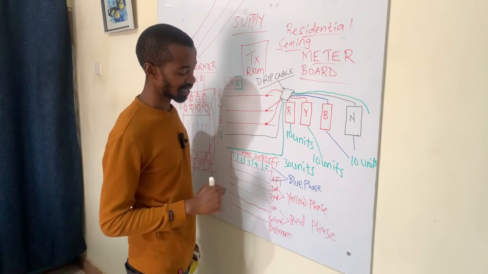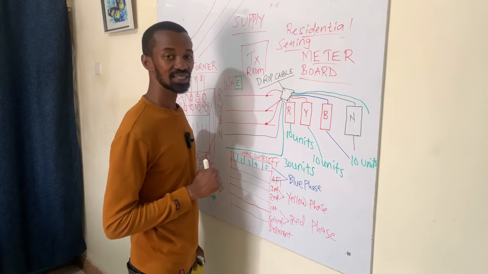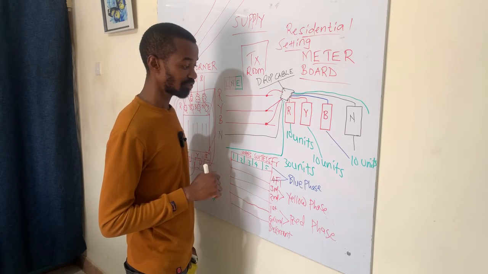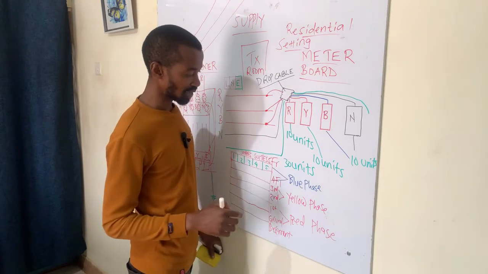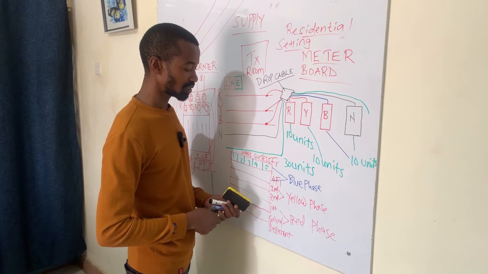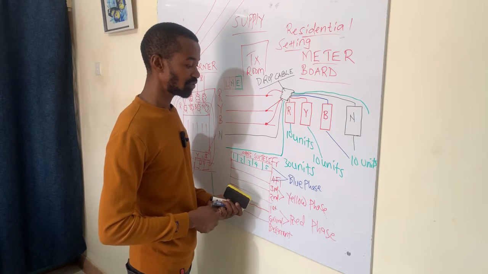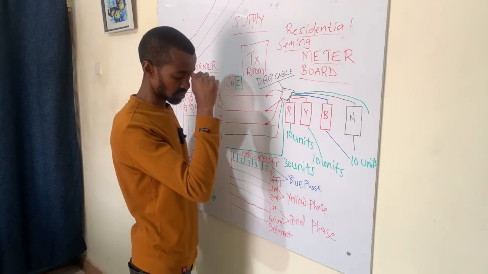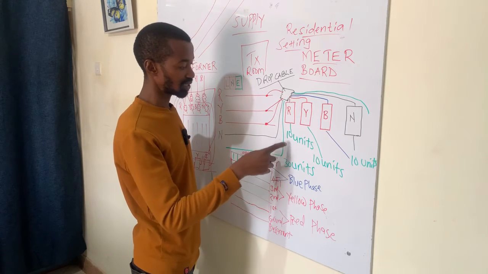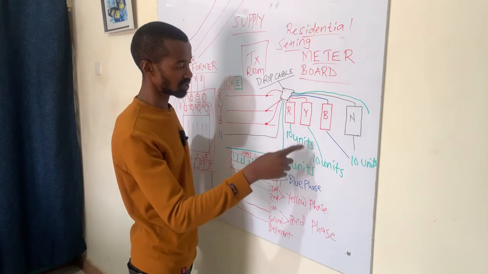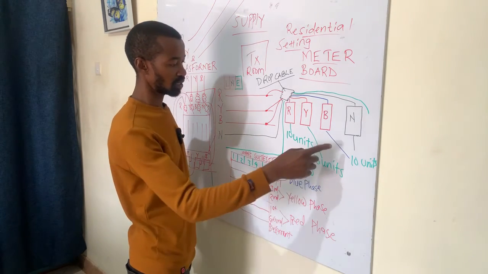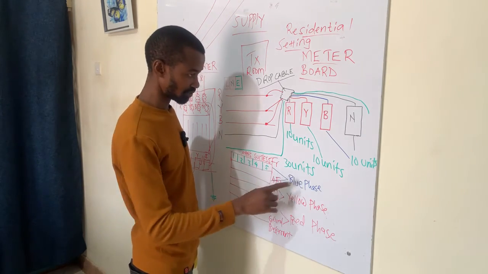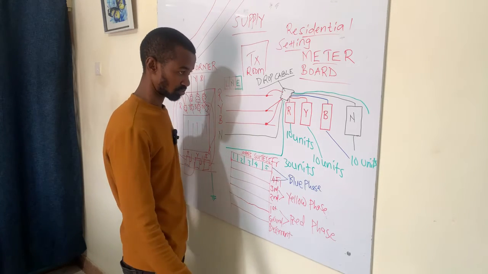You divide that by three, which is our three-phase supply. Once you divide that by three, you definitely have the three-phase balanced, whereby you connect each phase to 10 units, like so. And then, of course, all of this will be served by the neutral connection.